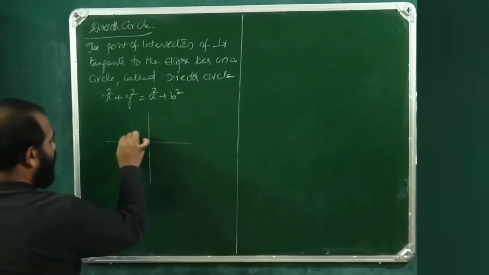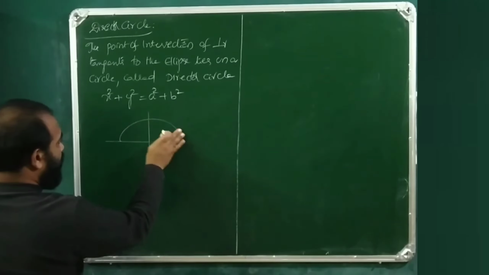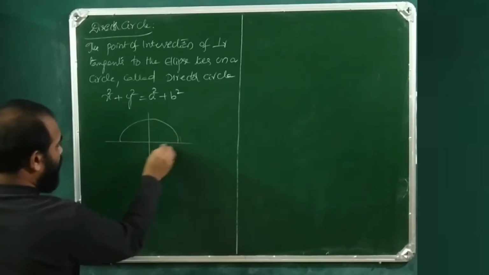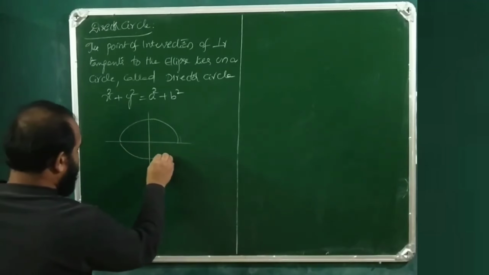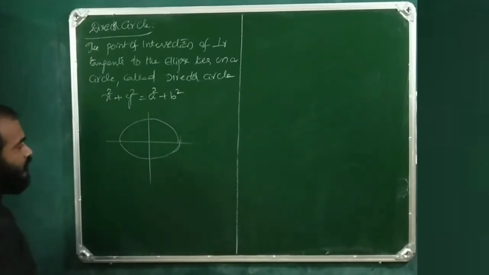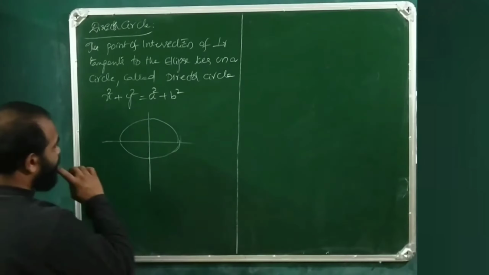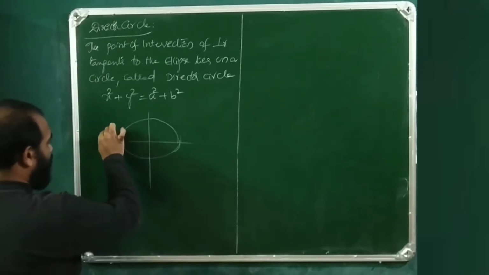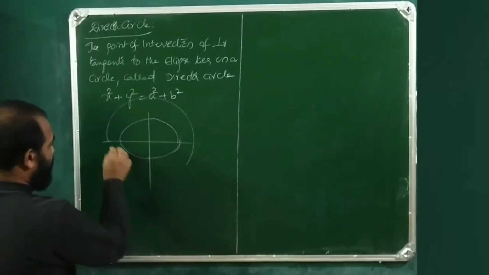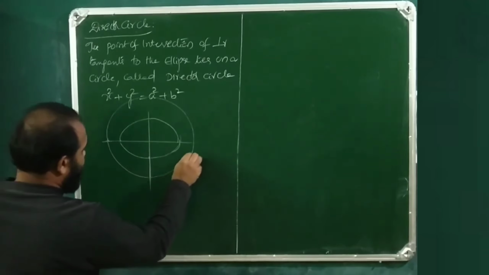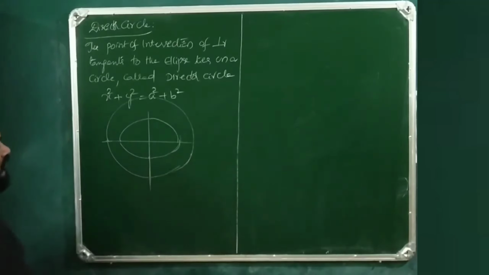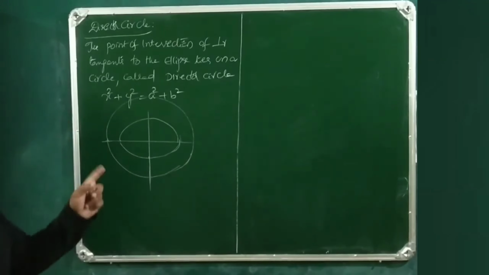this is the ellipse, and this is the circle. So this circle is formed by the perpendicular tangents.